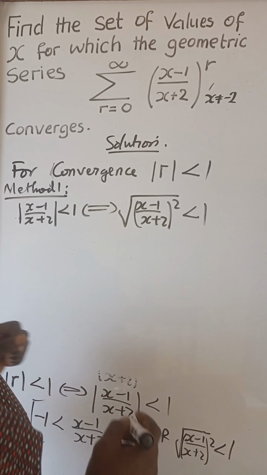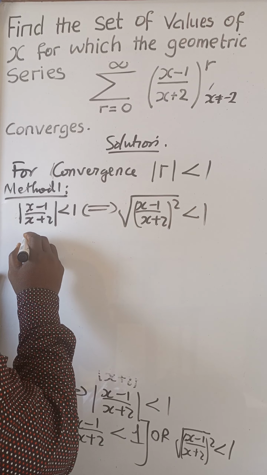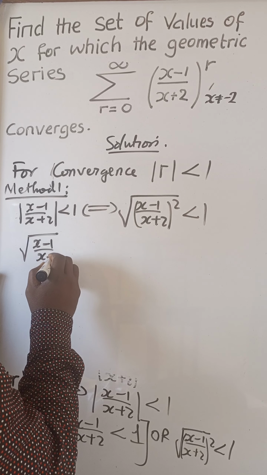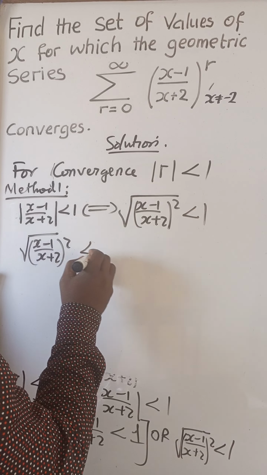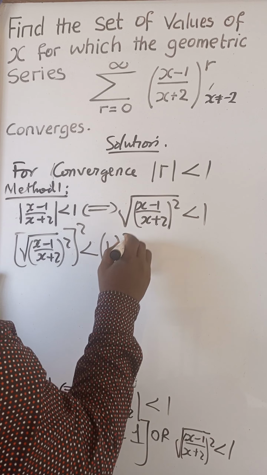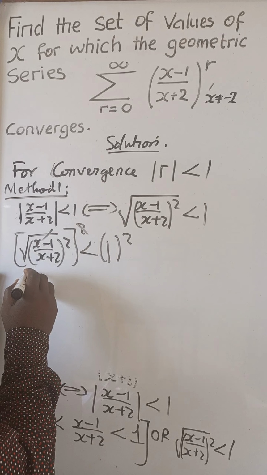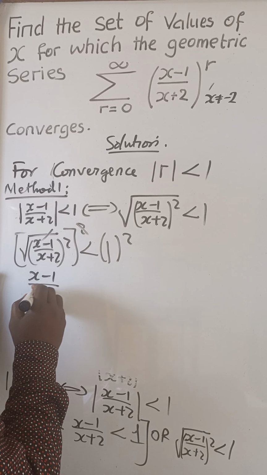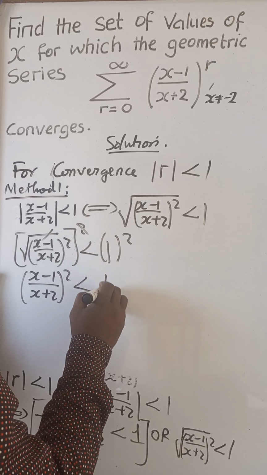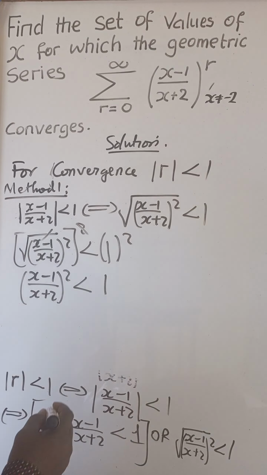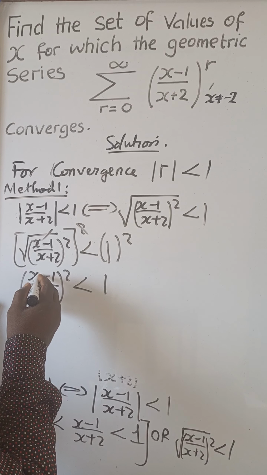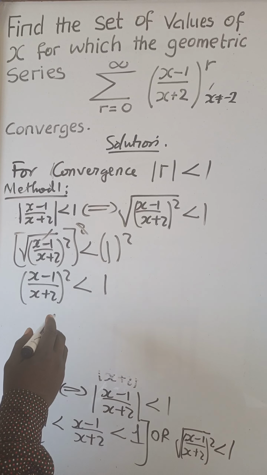Let's work with this square root. If we square both sides, the square will cancel the square root. We're left with ((x − 1)/(x + 2)) squared less than 1, since 1 squared is 1. We have this inequality to solve. Alright, so we're going to square the numerator and square the denominator.